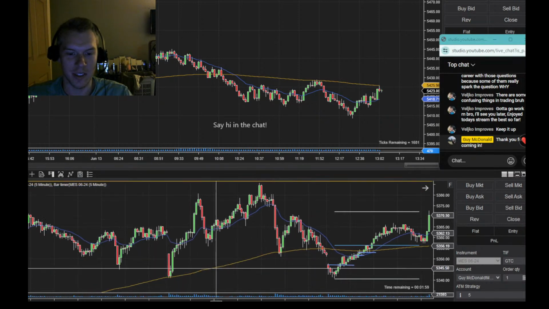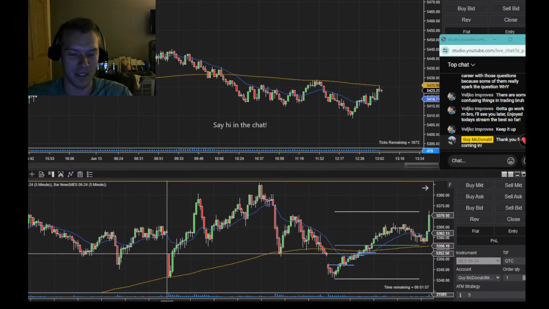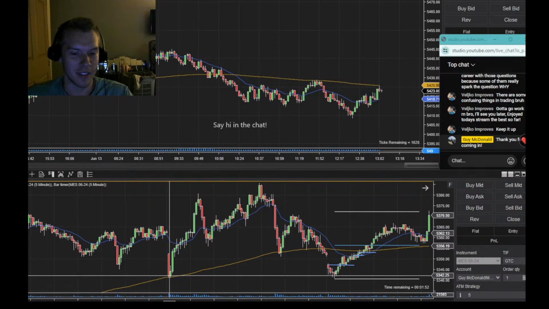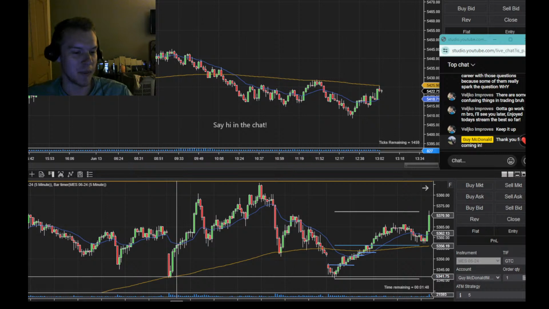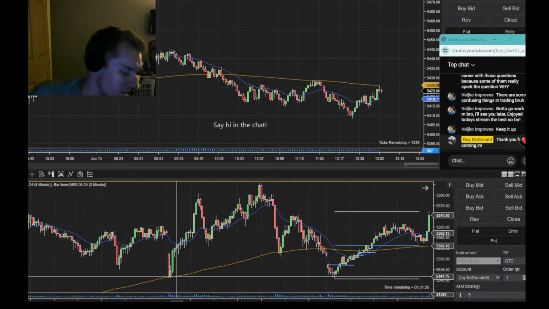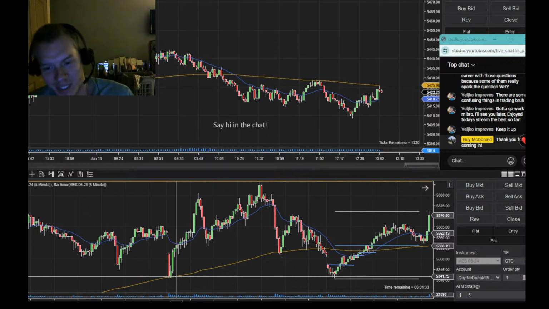So let's look at this day. We opened here, and then immediately it went down. I would say it's because big funds that really can control the market because they're so large, their computers are trying to figure out what the right price should be.